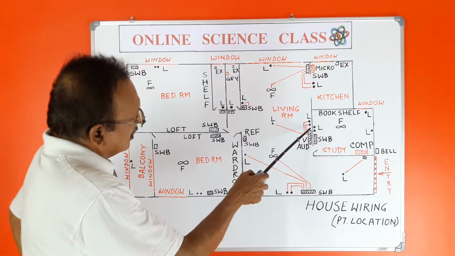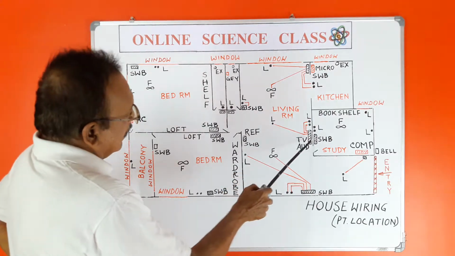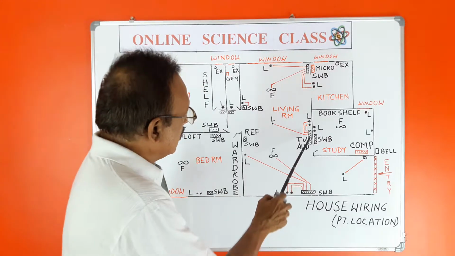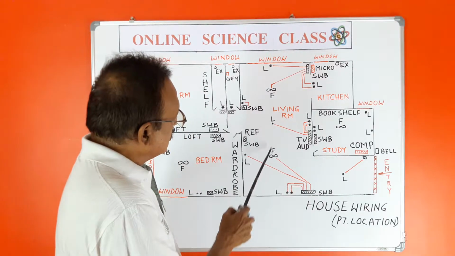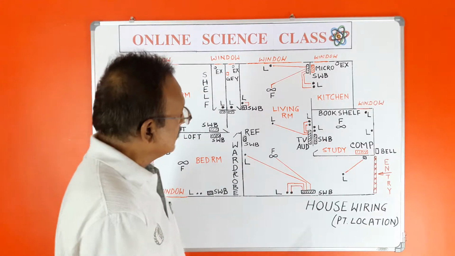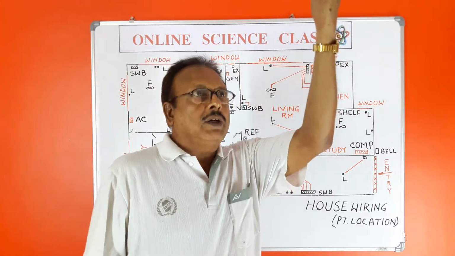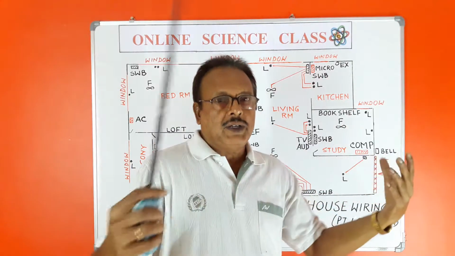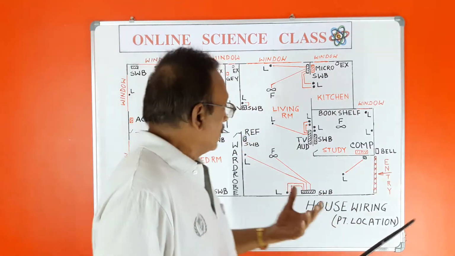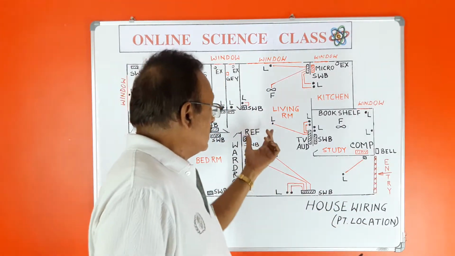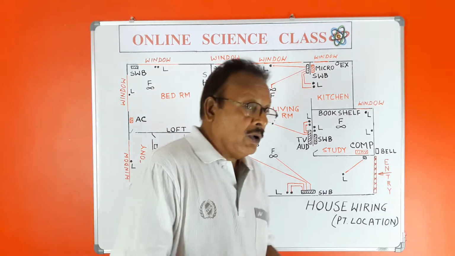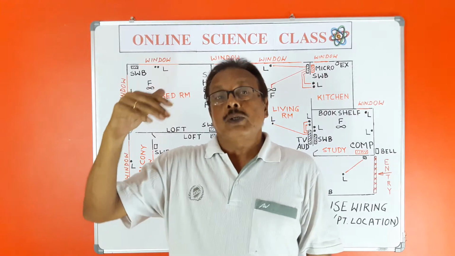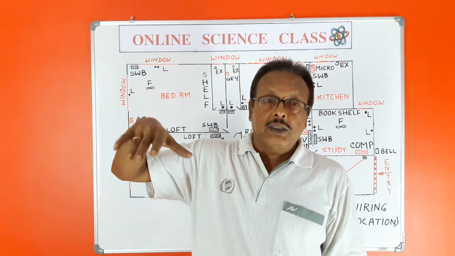Similarly, for this switchboard, there should be some plug points for this TV and audio system. It controls also this light. This light I have shown here, 2 fans, and this light. If it hangs from the ceiling, it is a very good decorative fitting. It will look nice. And for this, you have to tell beforehand the persons who are constructing the roof casting.